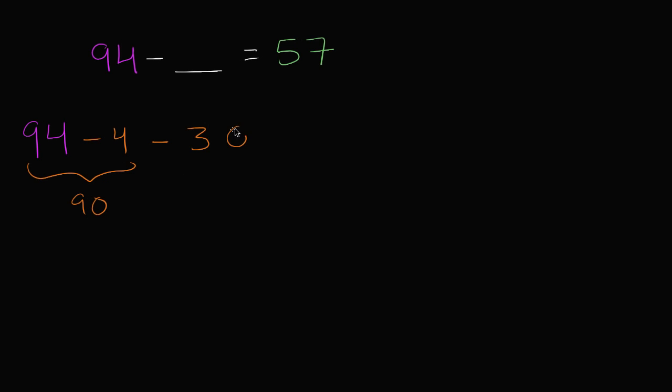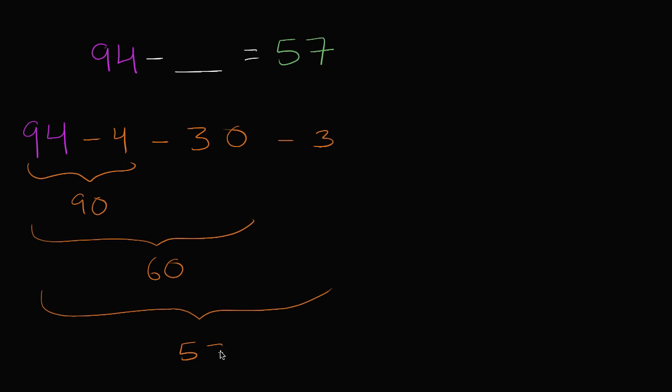So 90 minus 30 is going to be equal to 60. And then to go from 60 to 57, pretty straightforward. I just have to subtract another 3. 60 minus 3 is going to be 57. So how much did I subtract? I subtracted 4, 30, and 3. So let's see, this is 34, 37. I subtracted 37. And just like that.